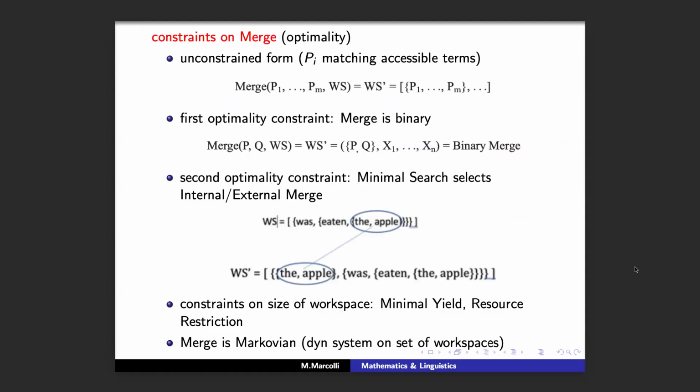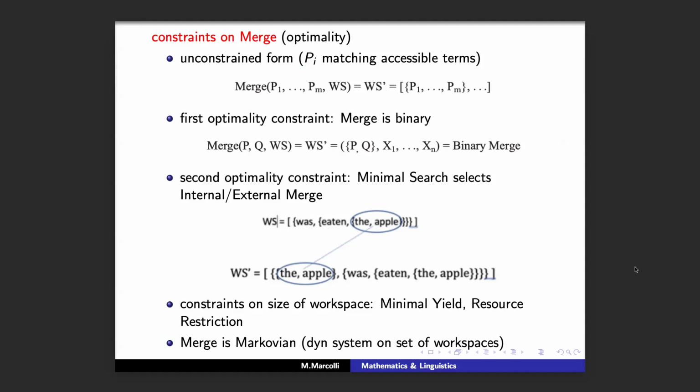And so what about this idea that this kind of operation should satisfy certain forms of optimality? A priori, you can assemble together any number of things in a single structure. So your merging could be an n-ary operation of arbitrary arity.